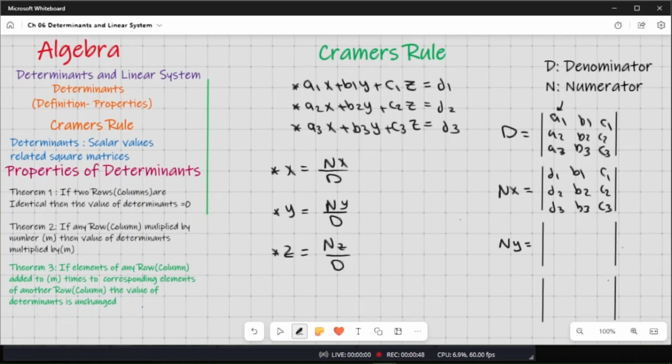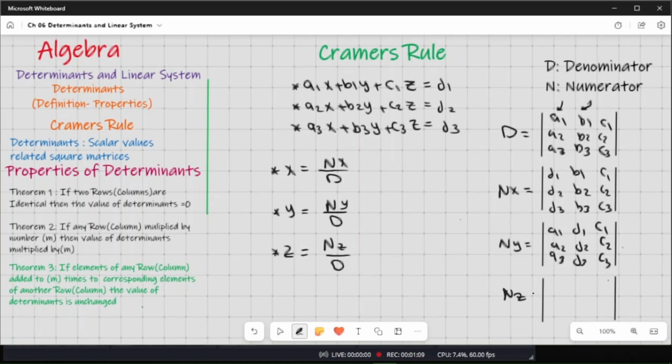For ny, we have a1, a2, a3, replace the coefficient of y by the free terms d1, d2, d3, and c1, c2, c3.